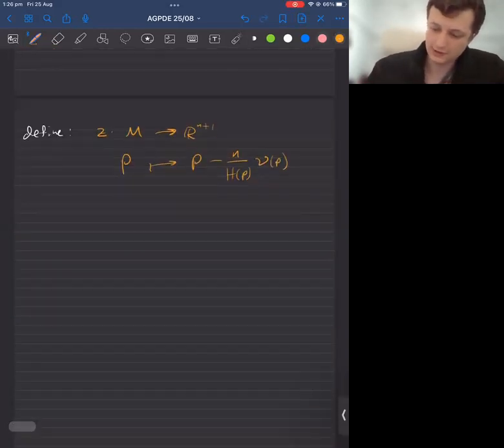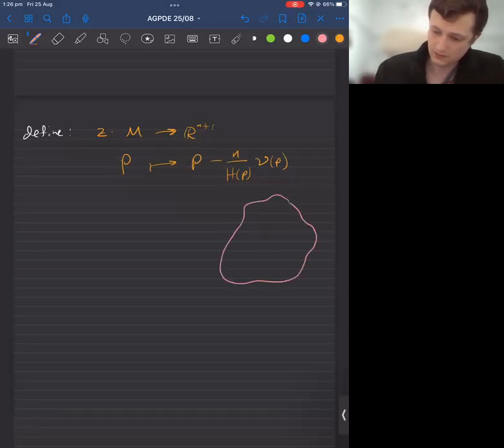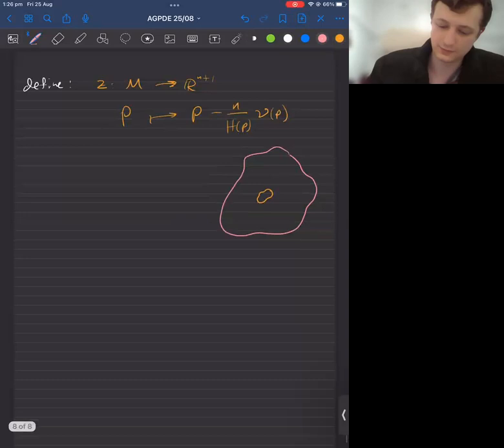So you can imagine we kind of look like this, and the image of Z is going to look like this. Approximately, we're going to be at the center of some sphere. That's why I call it an approximate center.